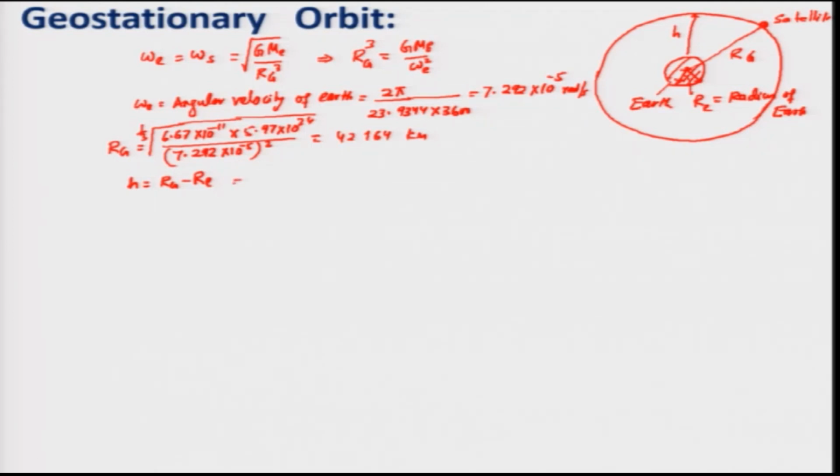That happens to be 42,164 minus 6378, which is equal to 35,786 kilometer.